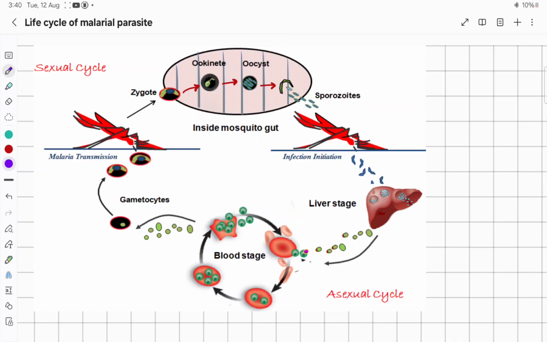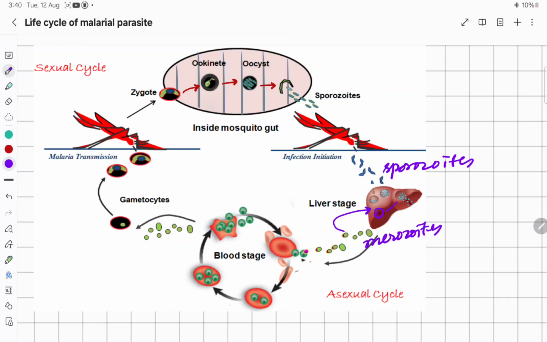It can be the asexual life cycle and the sexual life cycle. In the asexual life cycle, the sporozoites are released and attack the liver cells, and they release the merozoites. Some of the merozoites can again attack fresh liver cells, and some can remain dormant there as hypnozoites.